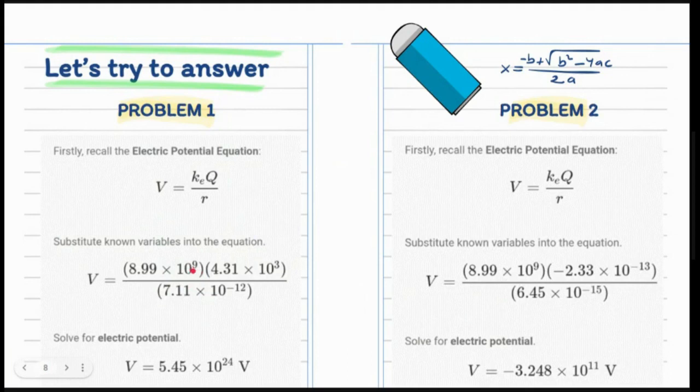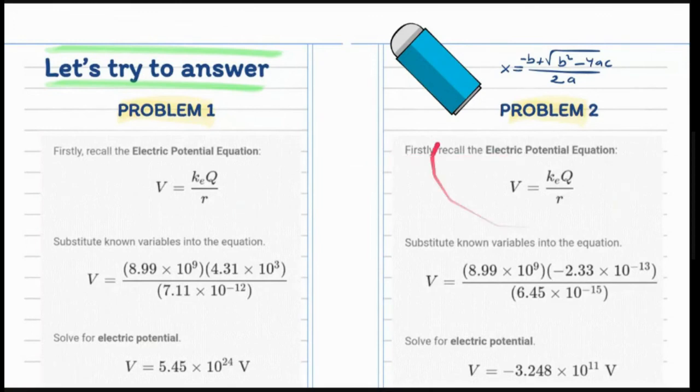After substituting the values, we can go directly to simplifying. So we multiply Coulomb's constant and the charge, and then we divide it by the distance r. This gives us a small letter v, in honor of Sir Alessandro Volta, the one who dedicated his time to studying electric potential.